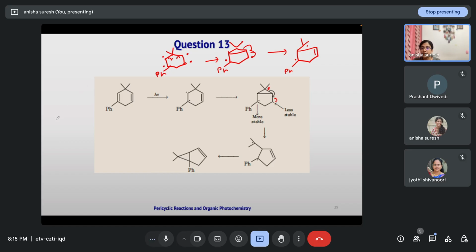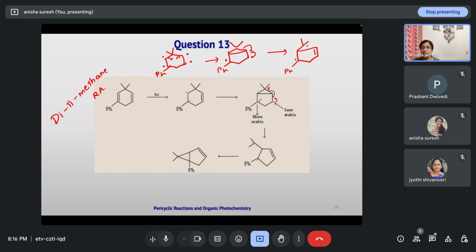Is this clear? So this is an example of di-π-methane rearrangement. First, upon irradiation, it can lead to formation of either this diradical or the tetraradical. Then these two radicals can recombine, leading to formation of the cyclopropane ring.